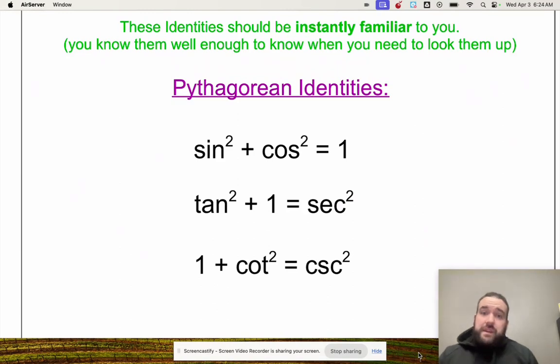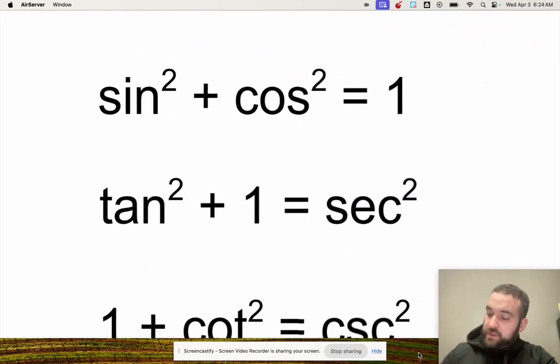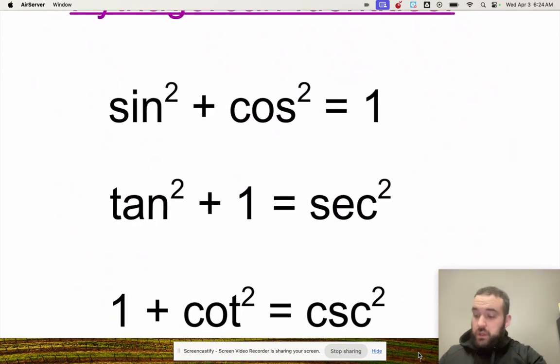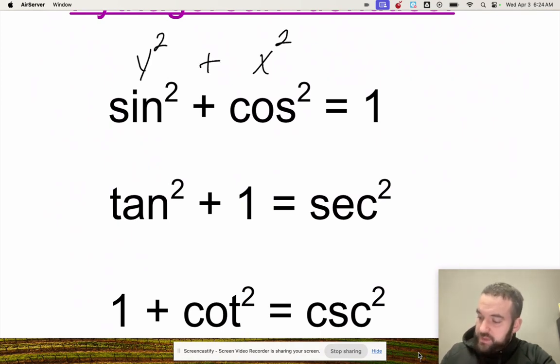The Pythagorean identities are different ways that we can create one in the scope of working with triangles within the unit circle. If you remember, the sine of an angle corresponds to the y coordinate on the unit circle. Sine squared is essentially y squared, plus cosine squared is x squared.